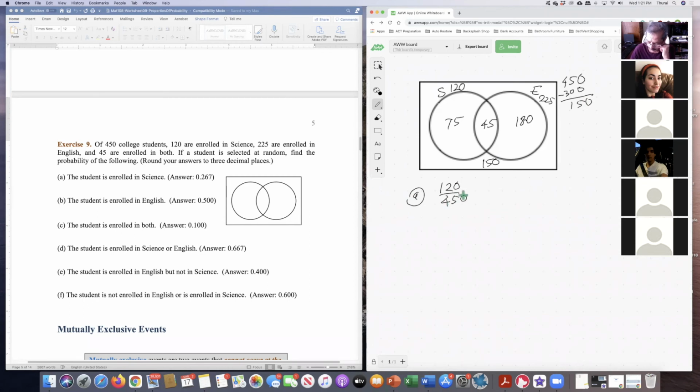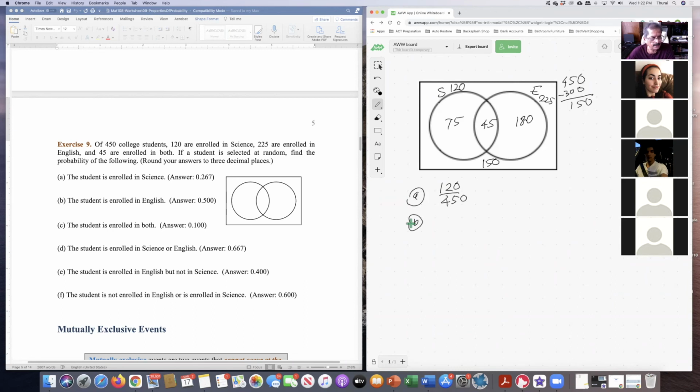Remember, they can be giving you counts, but they can still ask you probabilities. That means you divide the number of elements in the event by the number of elements in the sample space. Here they're asking for numbers rounded to 3 decimal digits, so you can just use the calculator.